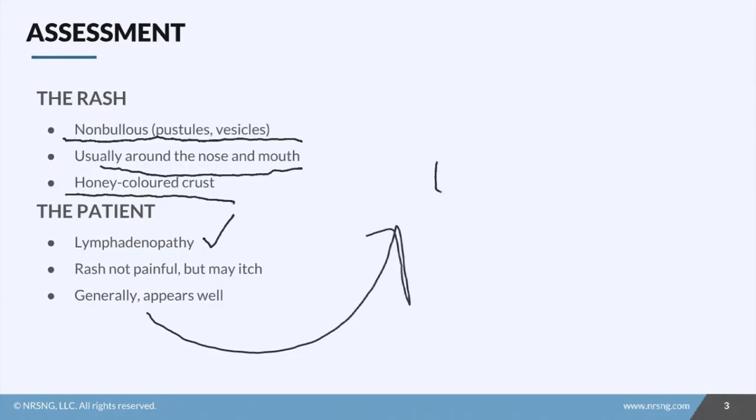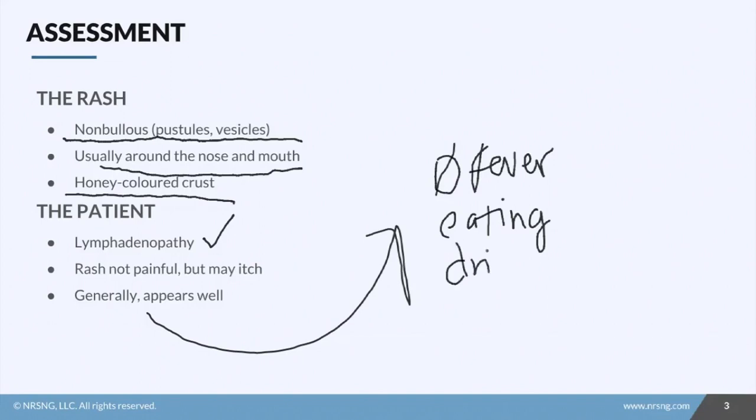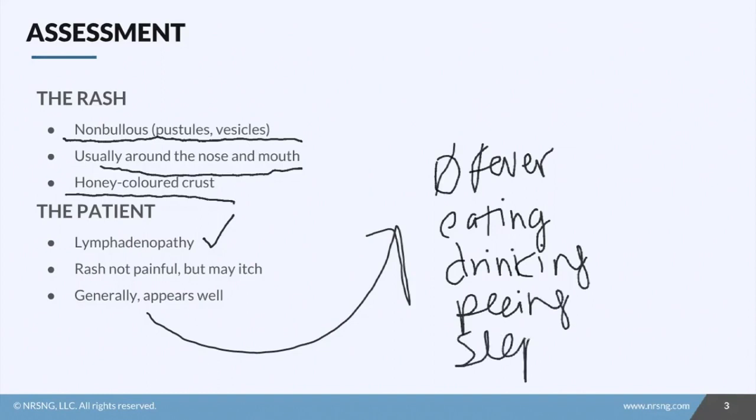Well, this means that they don't have a fever. It means they're eating, drinking, peeing, sleeping, all those things that mean that a kid is fine. So they're generally well. The rash is not painful, but it may be itchy, and we're looking for that characteristic honey-colored crust.